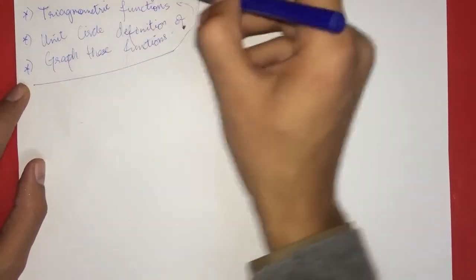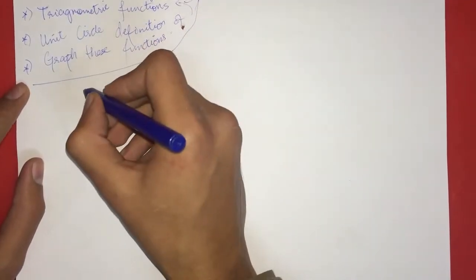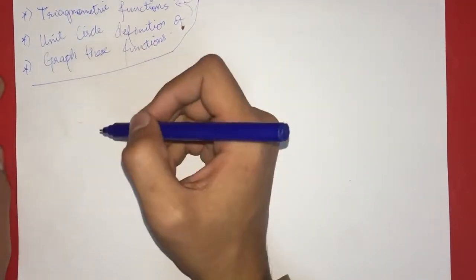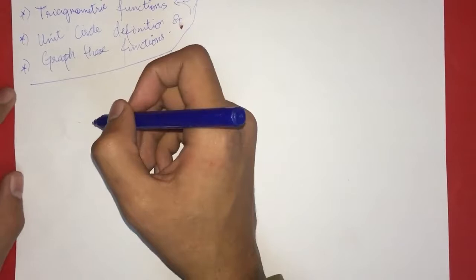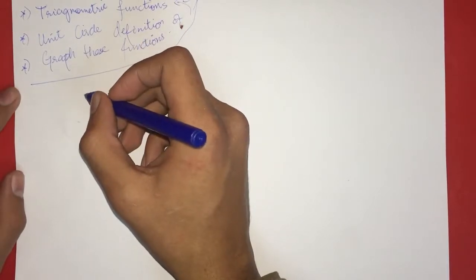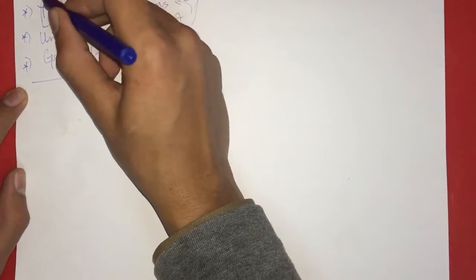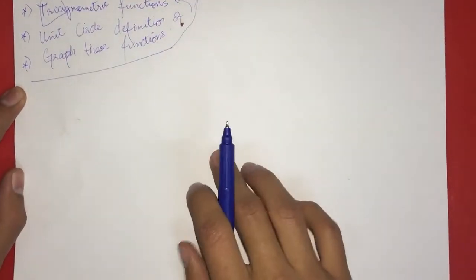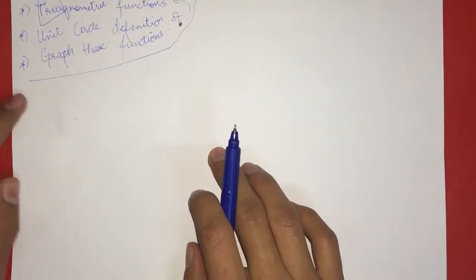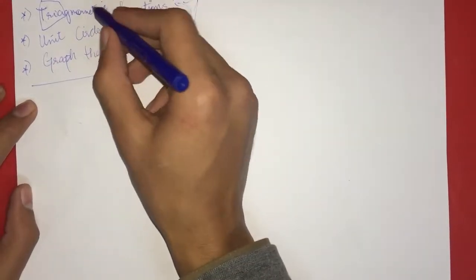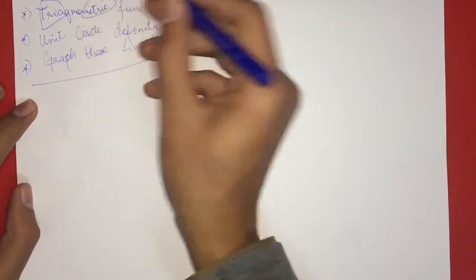So let's just recall what trigonometric functions were. Trigonometric functions are the functions which are related to a triangle, and it's just the study of the ratios of the sides of the triangle.